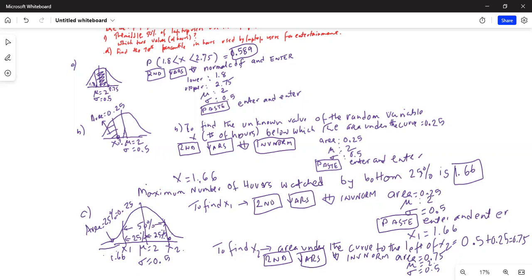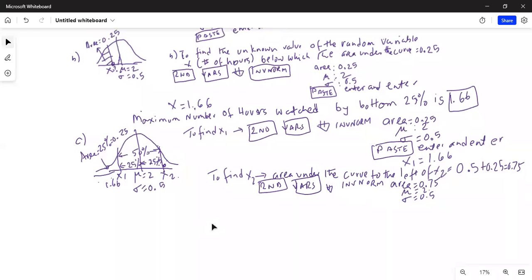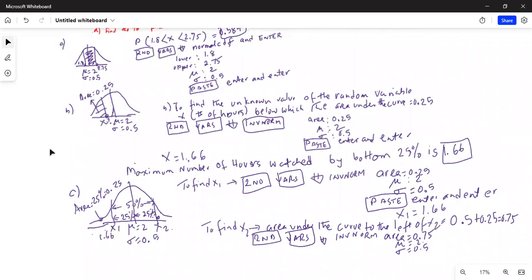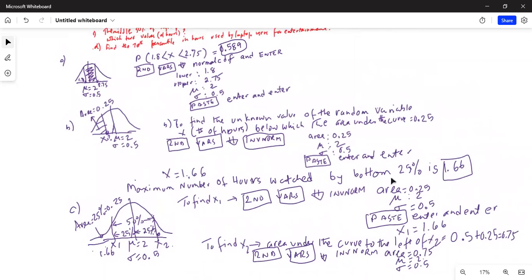If I create some more space. Okay, this may be too much space. So x2 is 2.34.